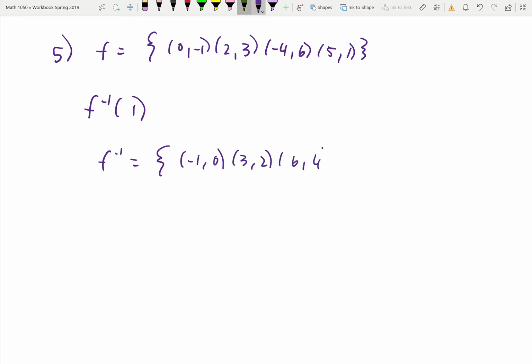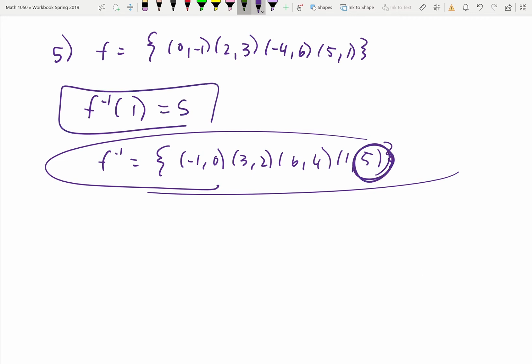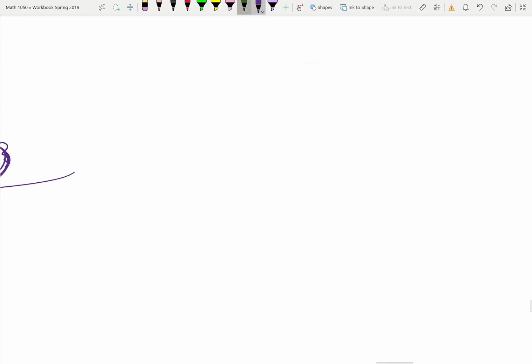You don't have to write this down, I'm just showing you. There's your inverse. Now, on that inverse, if x is 1, what's y? It's right there, 5. You could just look at it and say, I know they're going to switch. If that's the x, that's the y. Okay? All right, number 6.